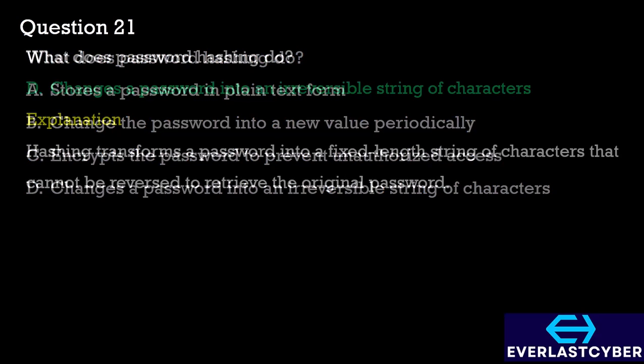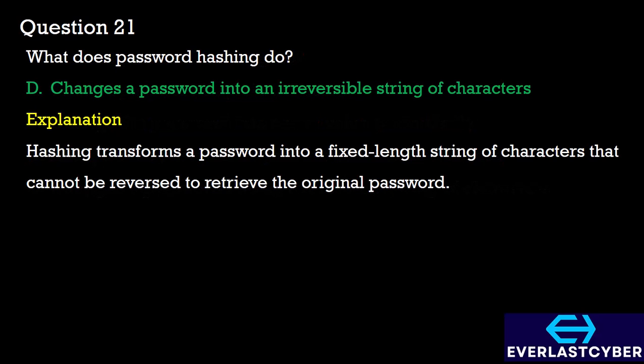For this, we'll be going with option D. Hashing transforms a password into a fixed length string of characters that cannot be reversed to retrieve the original password. So this adds a layer of security by ensuring that even if the hash is exposed, the original password cannot be easily determined.